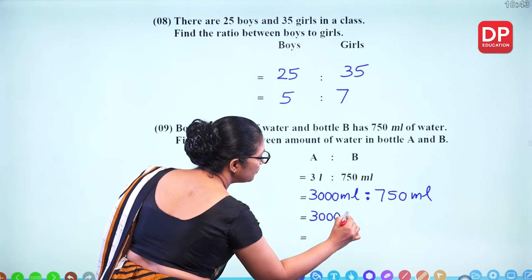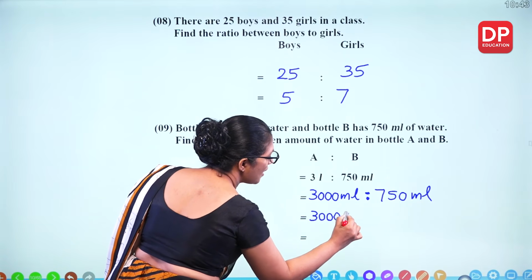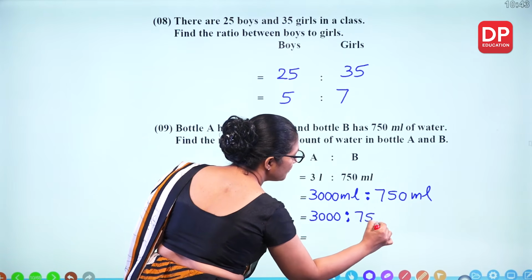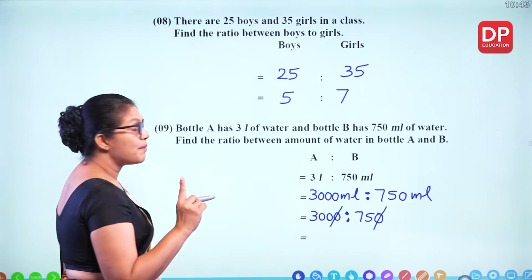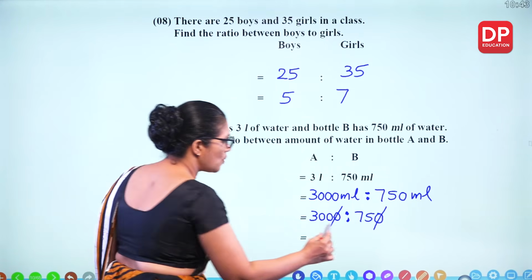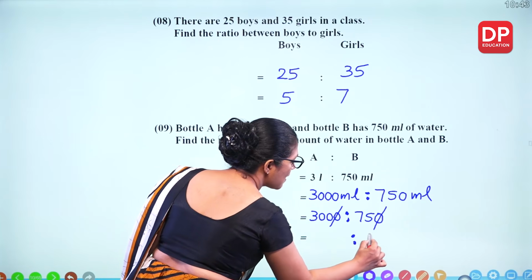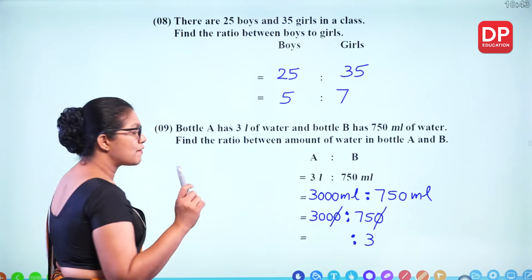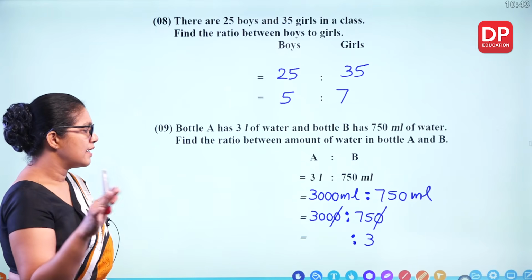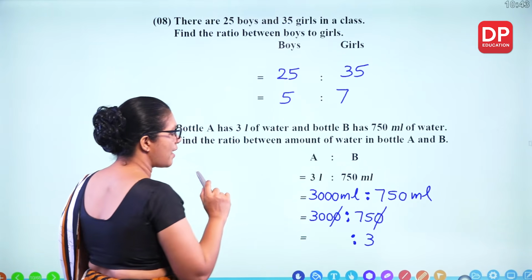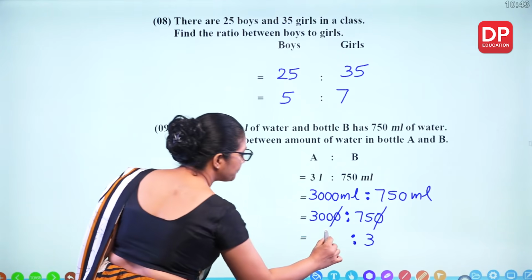3000 to 750. Divide by 10 and divide by 25. 25 times 3, 75. 25 times 4 is 100.